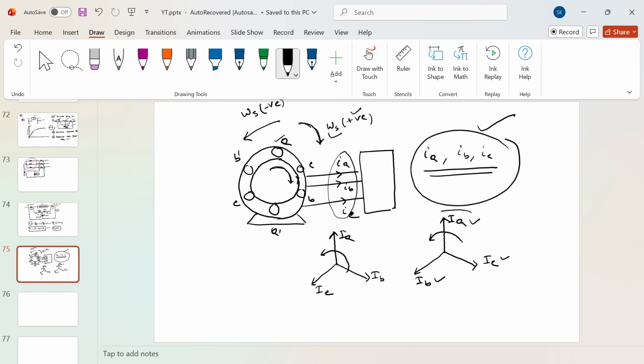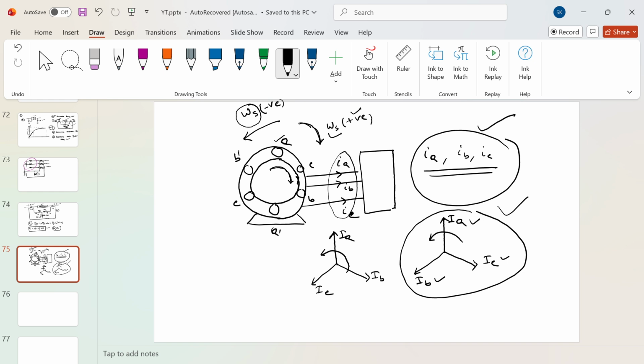Because of the negative sequence current flowing in the balanced stator windings, the negative sequence component will also produce a rotating magnetic field that rotates at omega s speed, but in the opposite direction. Now there are two rotating magnetic fields, a positive one and a negative one, but here my positive rotating magnetic field is dominant.